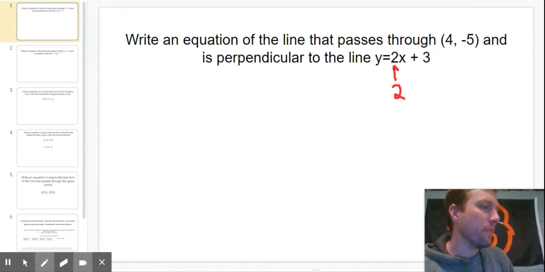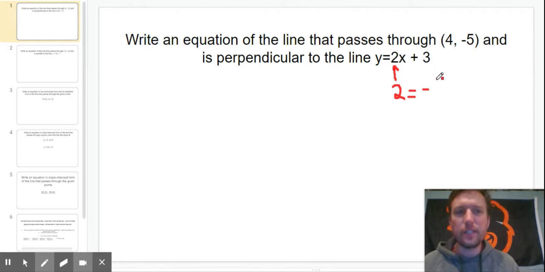However, because the slopes of perpendicular lines are negative reciprocals, our slope of the perpendicular line through the coordinates (4, -5) is actually the negative reciprocal. It's just the rule, the negative reciprocal.